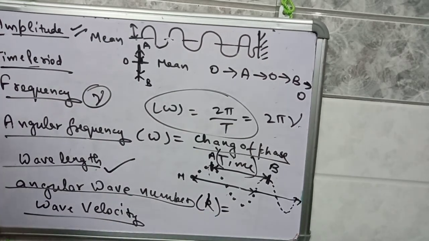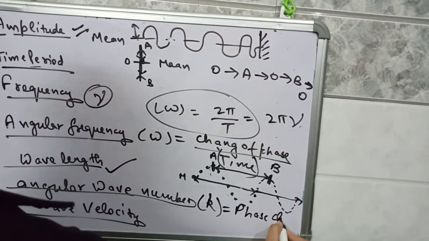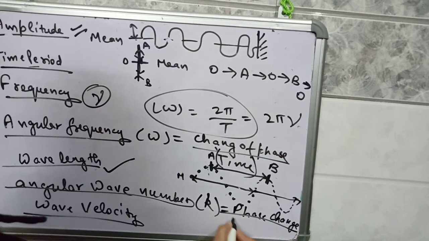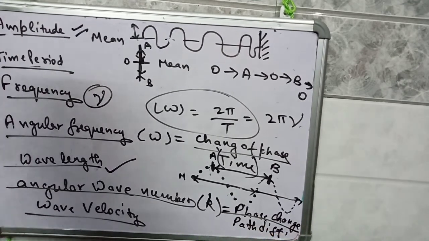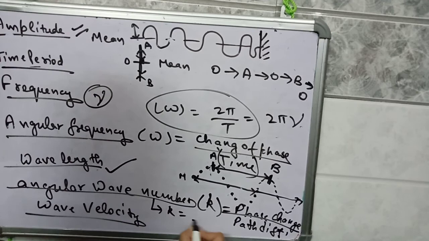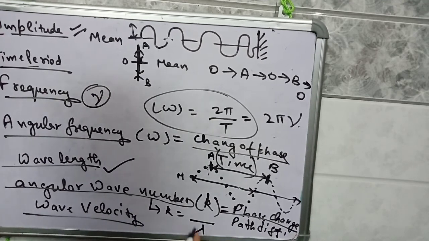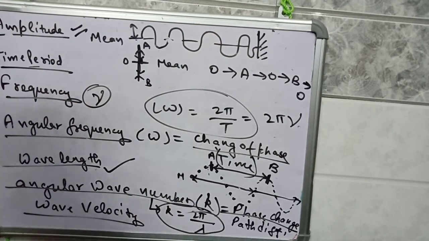Phase change divided by path difference is known as angular wave number. Okay, so if the path difference is lambda, we know that in lambda path difference, how much phase has changed? 2 pi phase has changed.